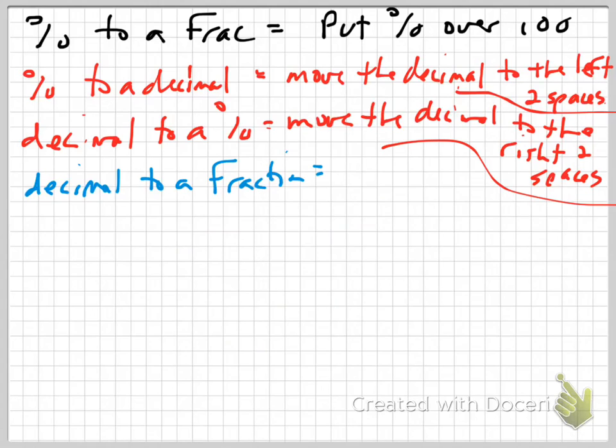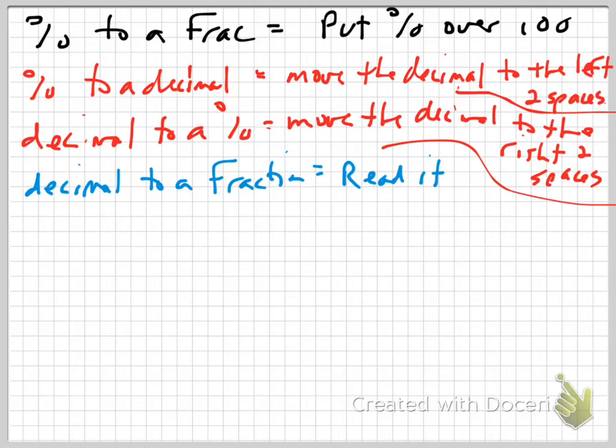How do you turn a decimal to a fraction? 3.4. How do I turn that into a fraction? What do I do, Jared? You read it. 3 4/10. You simply read it. You might have to reduce, but you just read it, and that will get you to at least where you want to be.